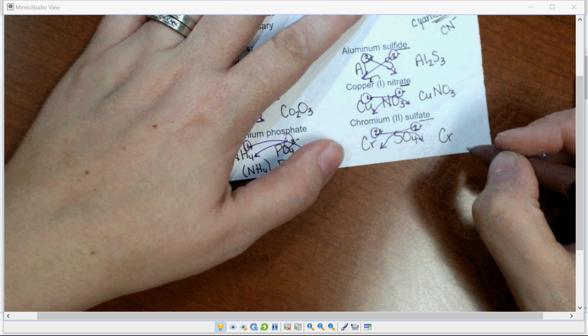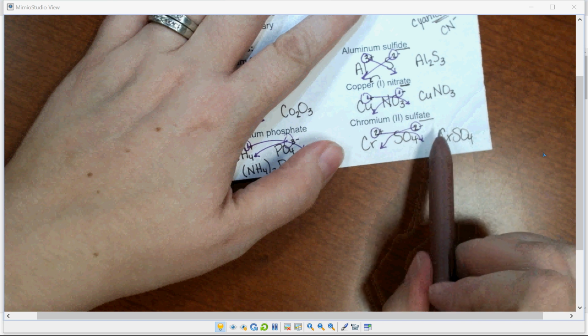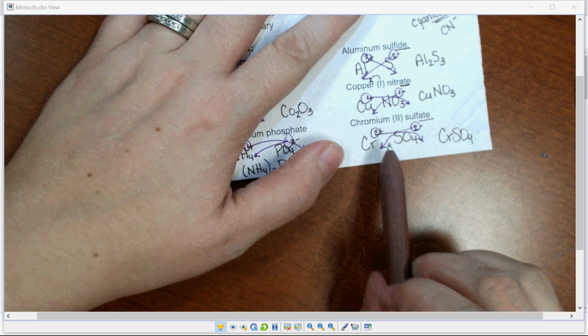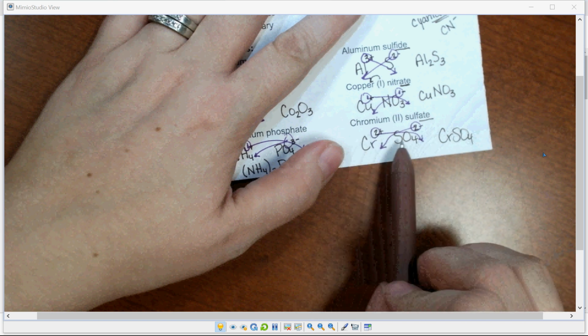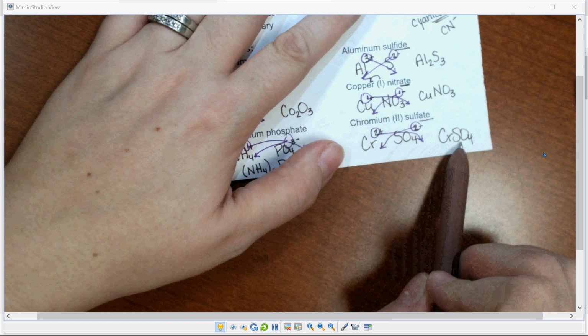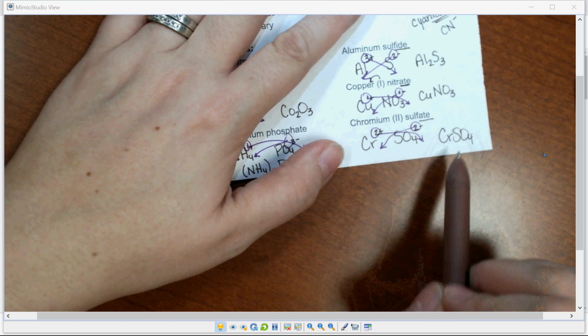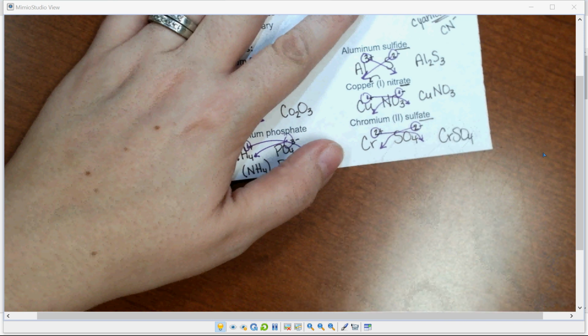So we would get CrSO4 because they exist in a 1-to-1 ratio. This guy gives up 2 electrons, this guy accepts those 2 electrons, and so you only need 1 atom of chromium and 1 polyatomic ion of sulfate to make everybody happy here.